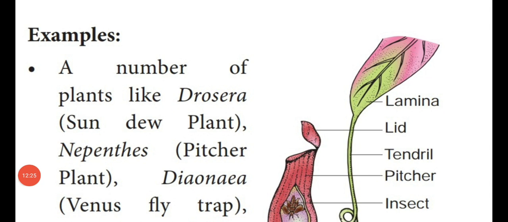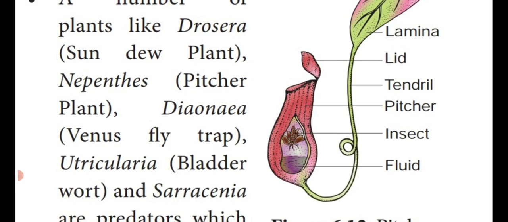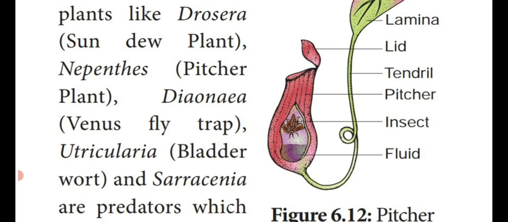The examples of predation are: Drosera, the insectivorous plant otherwise known as sundew plant, an important 1-mark question. Nepenthes, otherwise known as pitcher plant, another important 1-mark question. Dionaea, otherwise known as Venus flytrap. Utricularia, bladderwort.